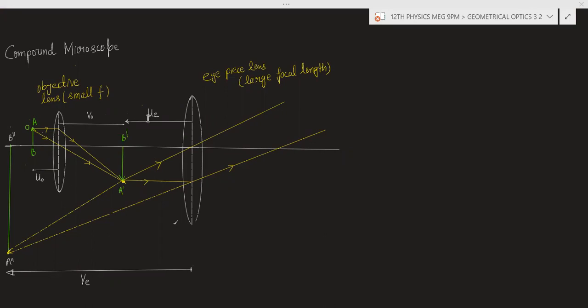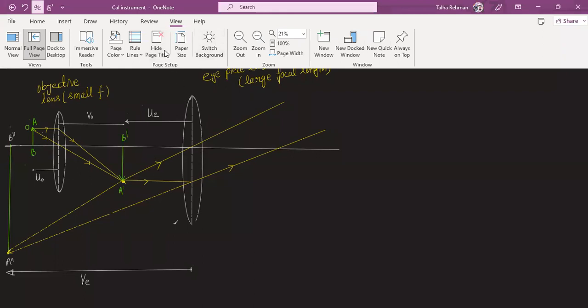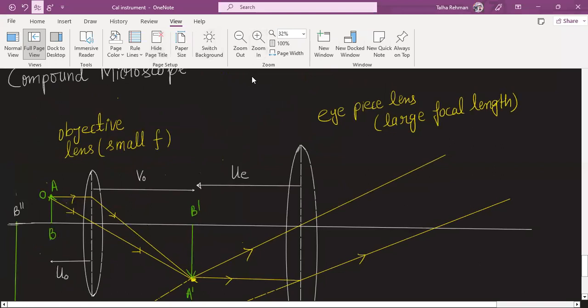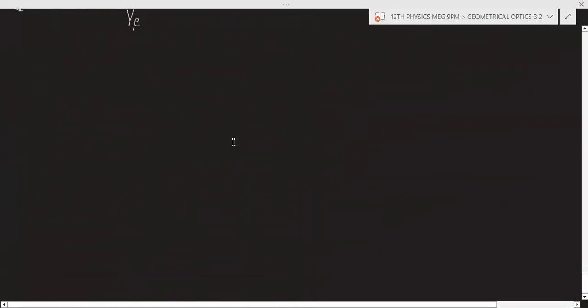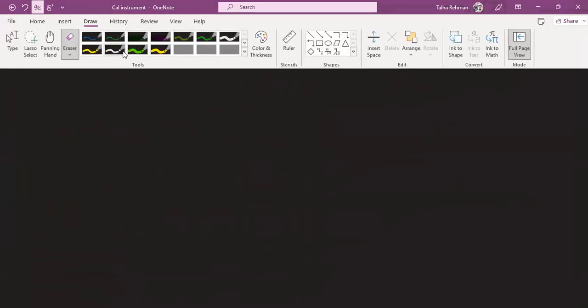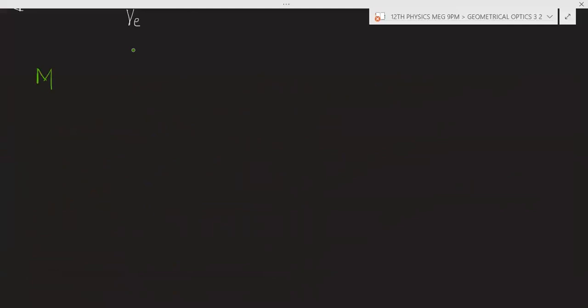Now we will calculate the magnification. Magnification is what?